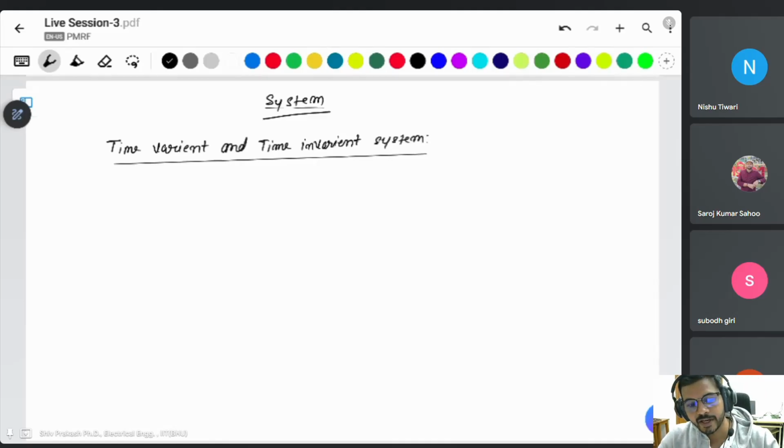In a time invariant system, the output depends only on the input.